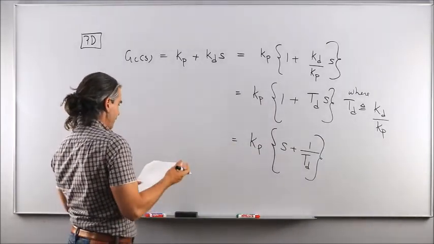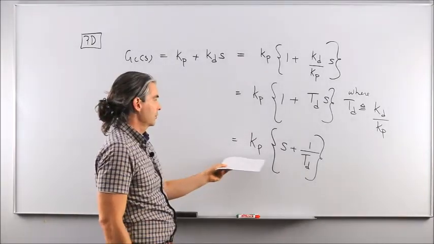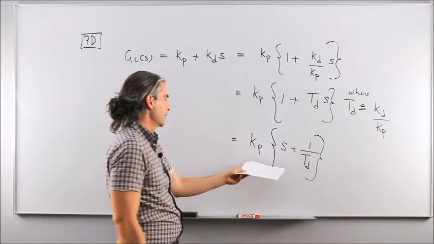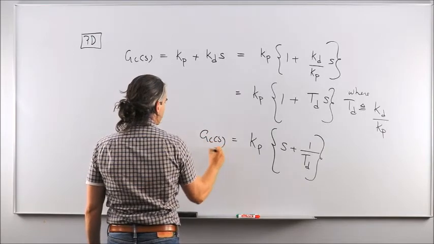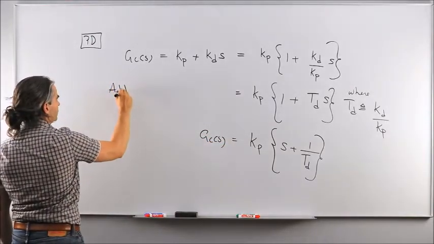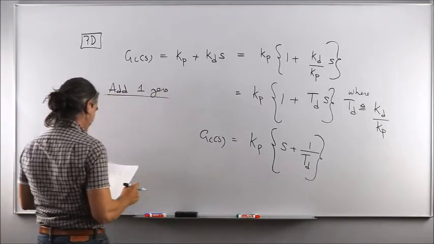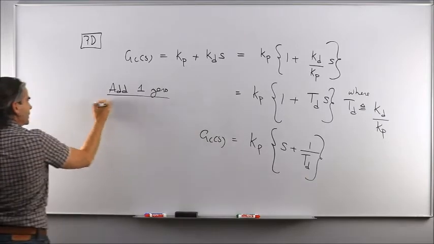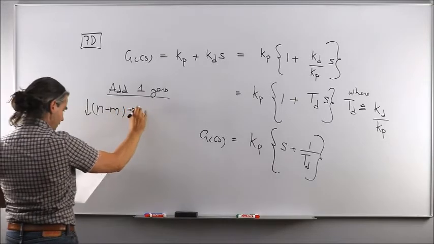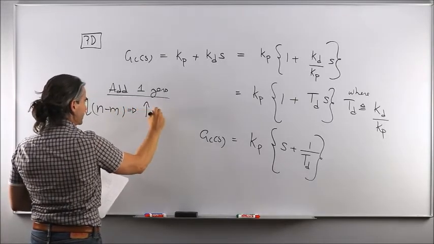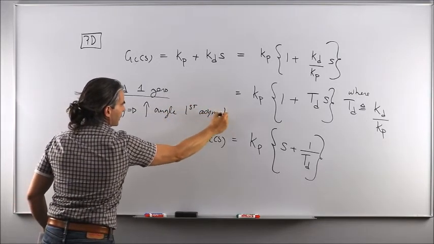So what do we do here? Are we adding a pole? Are we adding 0? Are we adding both? Well, look at what we have in terms of the transfer function. There is no denominator. So all we're doing with a PD controller is to add 1 zero. And that's it. Meaning that, as per our previous discussion, we're going to lower the number of asymptotes. We're going to increase the angle of the first asymptote.